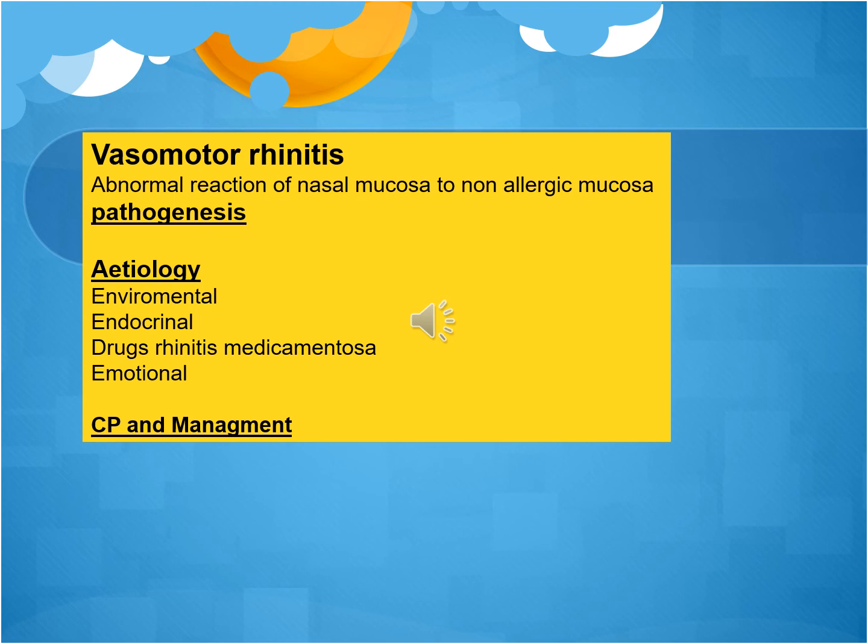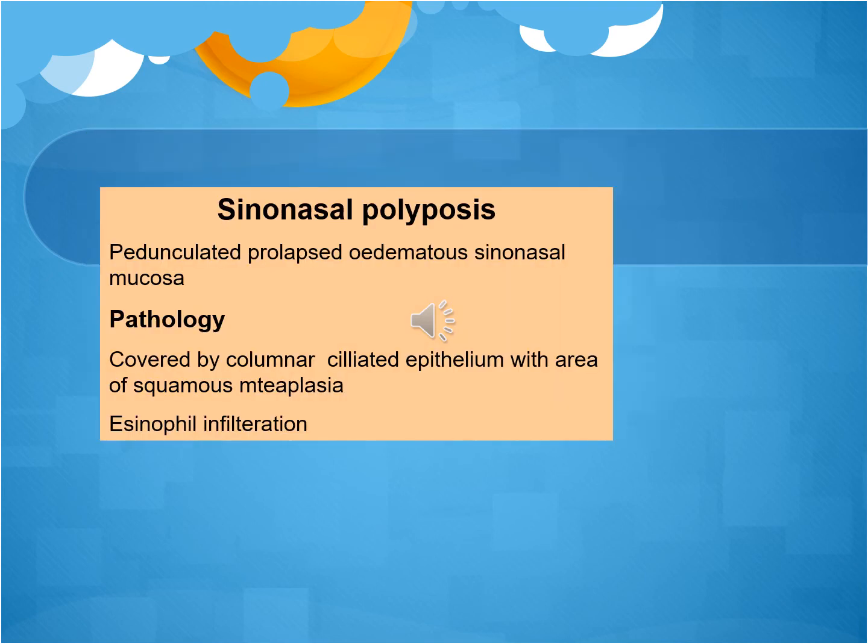Then we will shift to the other part of the lecture, discussing polyps. We have two types of polyps, sinonasal polyposis and antrochoanal polyp. Sinonasal polyposis is the right name because it's not a nasal polyp, it's a sinonasal polyp, because it appears from the sinus mucosa, but this sinus mucosa enlarges in size and goes inside the nasal cavity, so we can see it in the nose, but its origin is from the sinus.